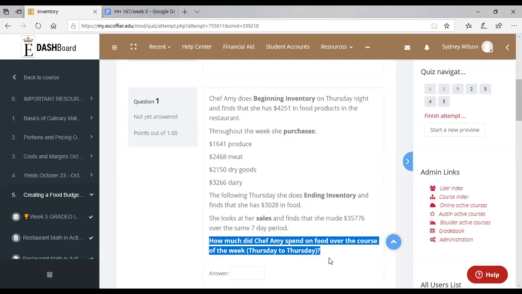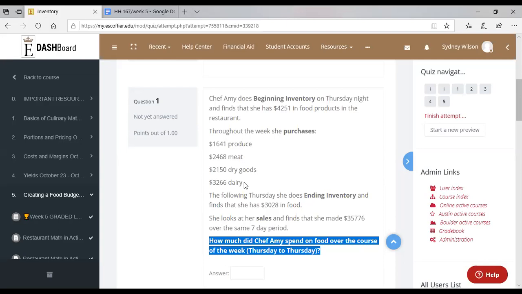So we need to know how much money she spent on food throughout the week. Her purchases are how much she spent throughout the week. So you will simply add the amount for produce, the amount for meat, the amount for dry goods, and the amount for dairy.